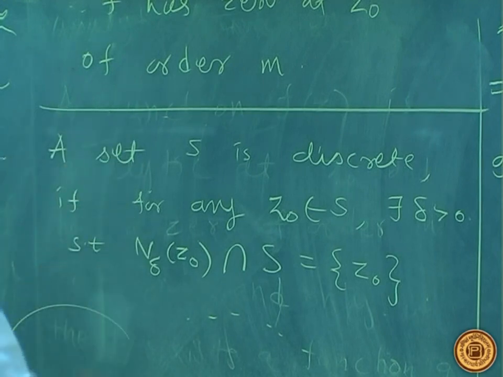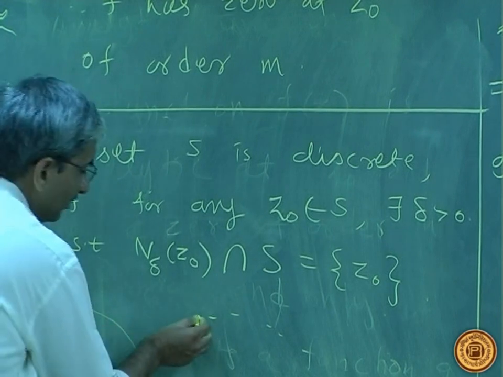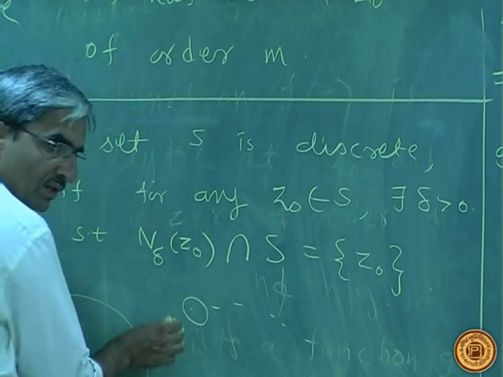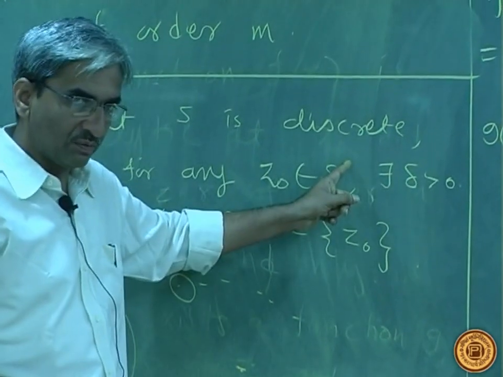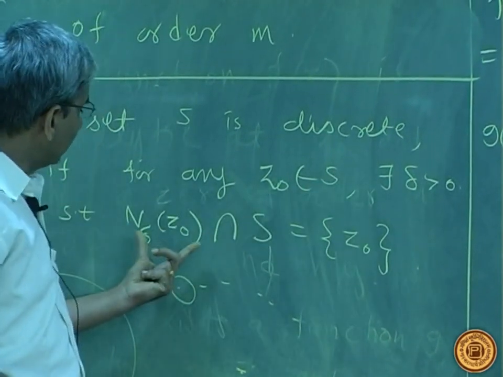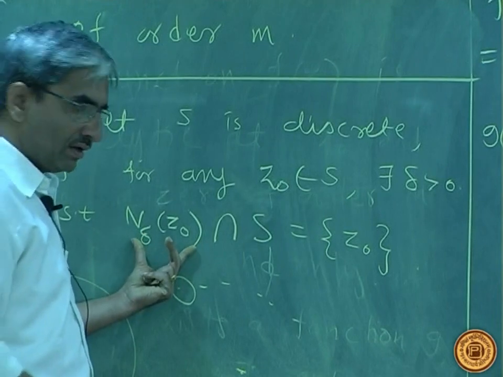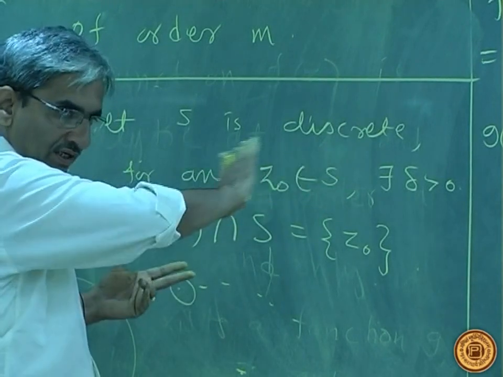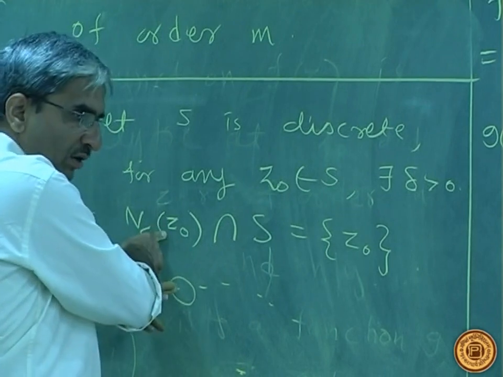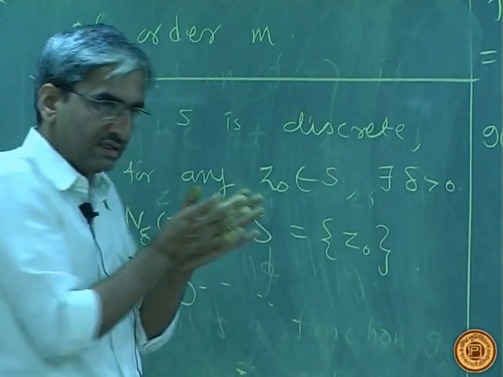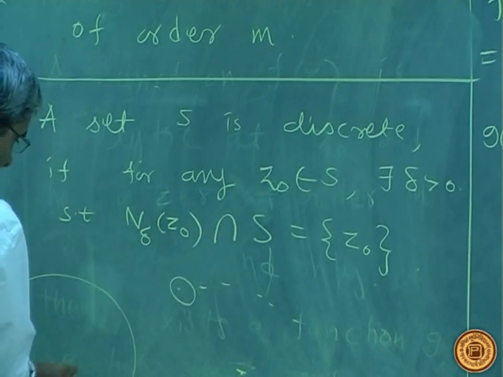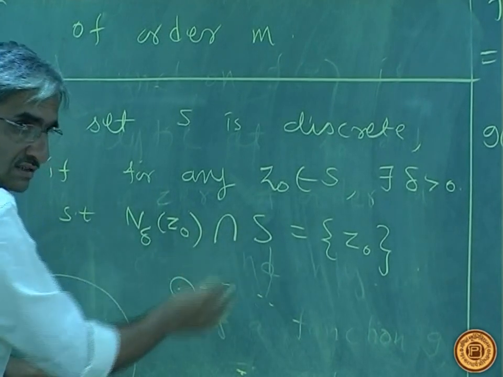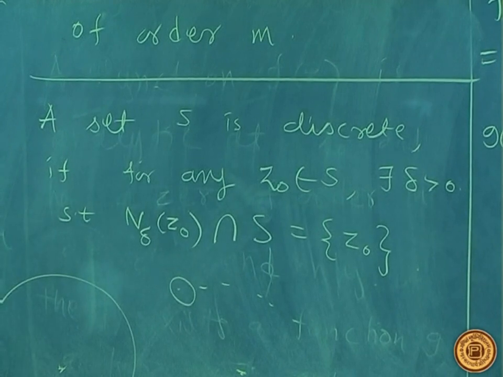So here you may be able to take a larger neighborhood, here you may have to choose a smaller one. But the point is, for every point there is a delta. This delta may depend on the point, such that if you take the delta neighborhood of z0 and intersect with the set, it will contain only this point of S, because the neighborhood contains z0. So other points of S are outside this neighborhood. Is the definition of discrete set clear?